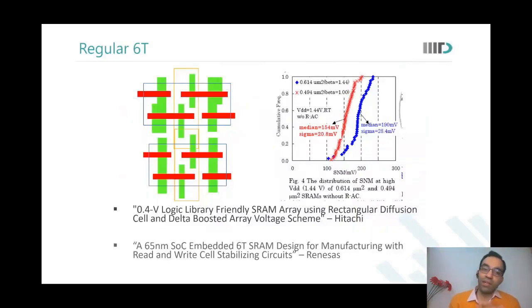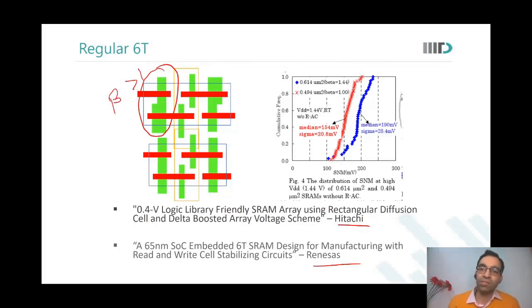However, in advanced technologies, for example, Hitachi and Renesas, they say that, in whatever we discussed till now, what did we say? We said that the beta ratio has to be greater than 1, so that my SNM is good.